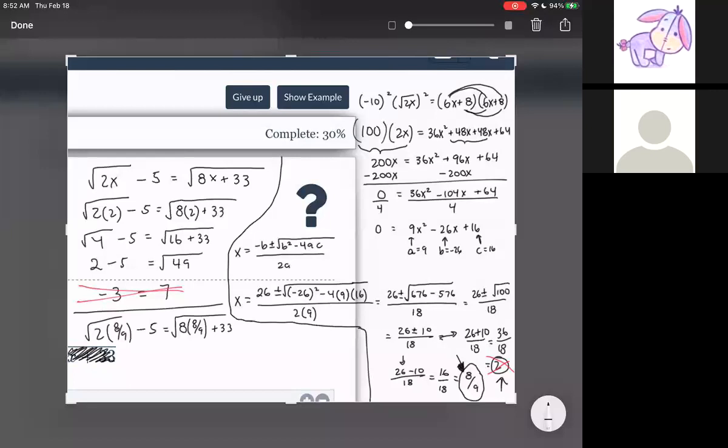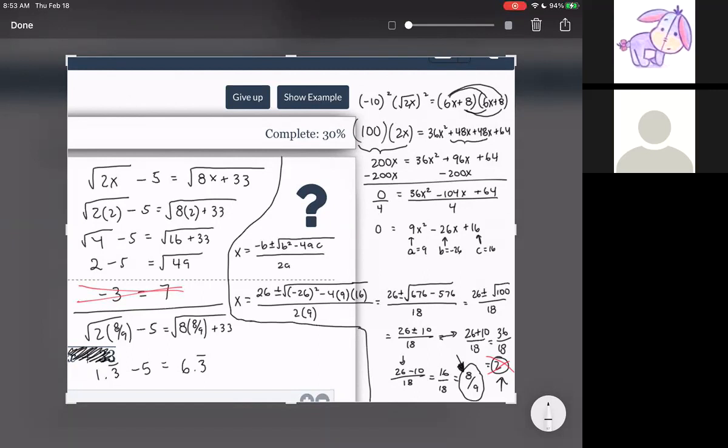gives us 1.3 repeating, and then we're going to minus 5 from that. Okay, and then for this one, it's 8 times 8 over 9, and then plus 33, and then we're going to square root that. And I get 6.3 repeating. Okay, so I have 1.3 repeating minus 5 that we need to simplify.